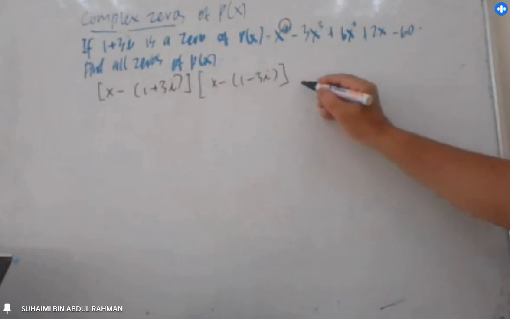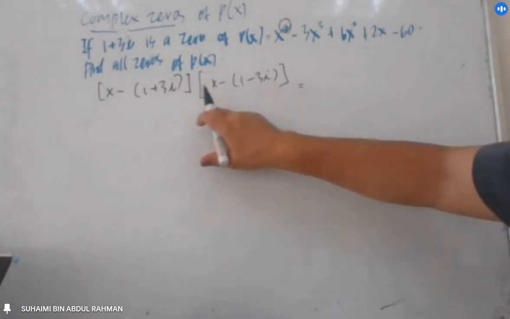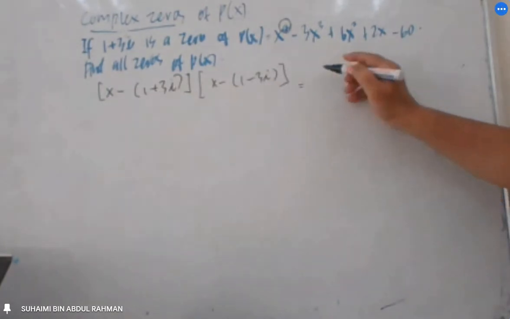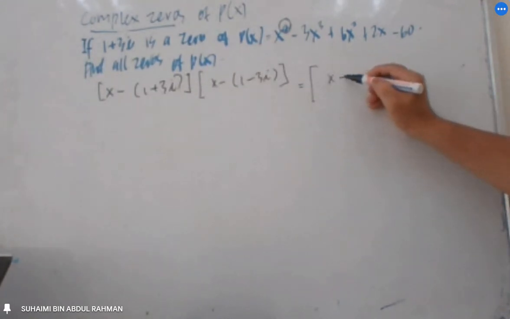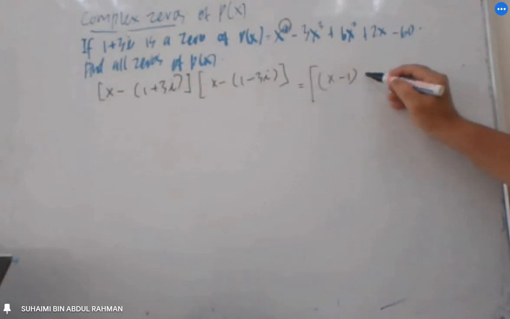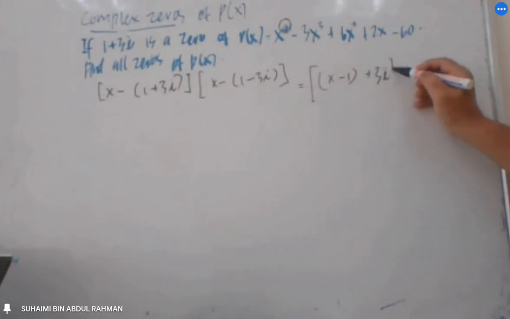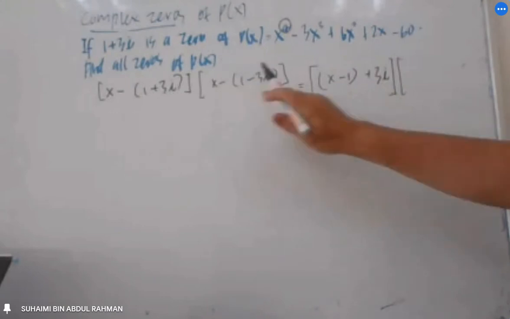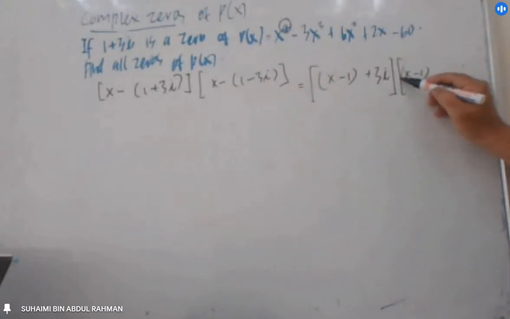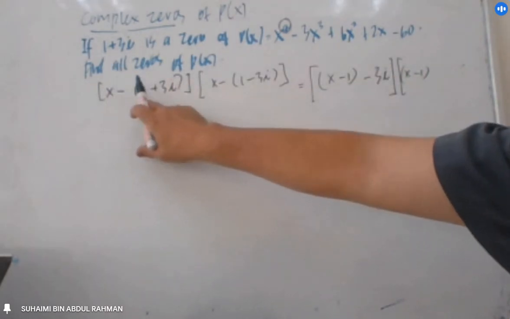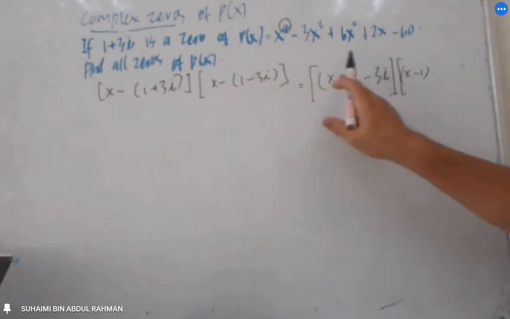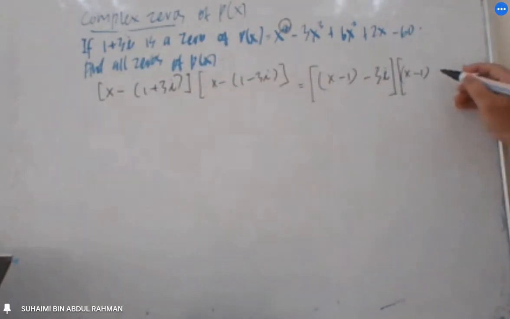We divide. So when we write this, we write x minus (1 plus 3i) times x minus (1 minus 3i).